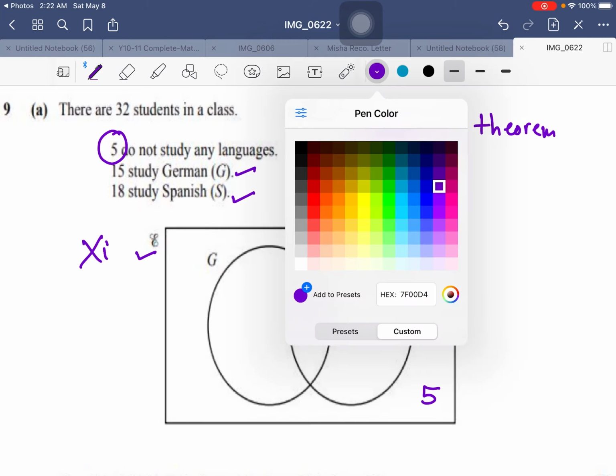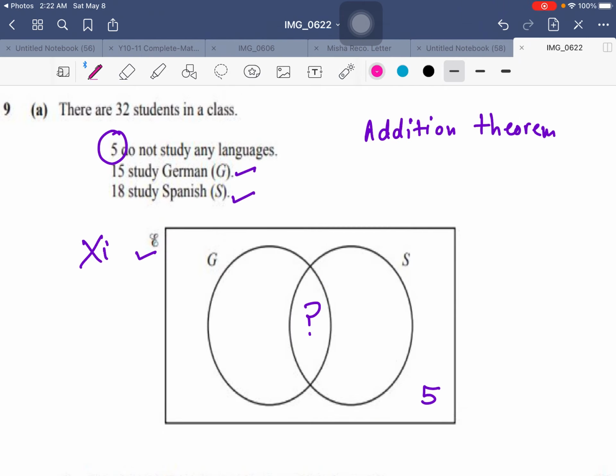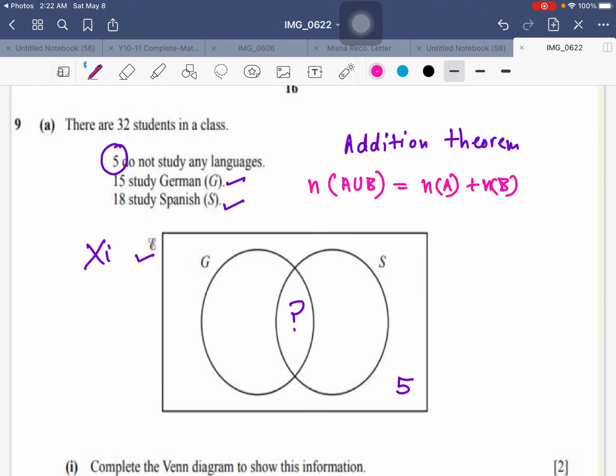By addition theorem, number of elements in the union of two sets is equal to number of elements in the first set A, plus number of elements in the second set B, minus number of elements in the intersection.